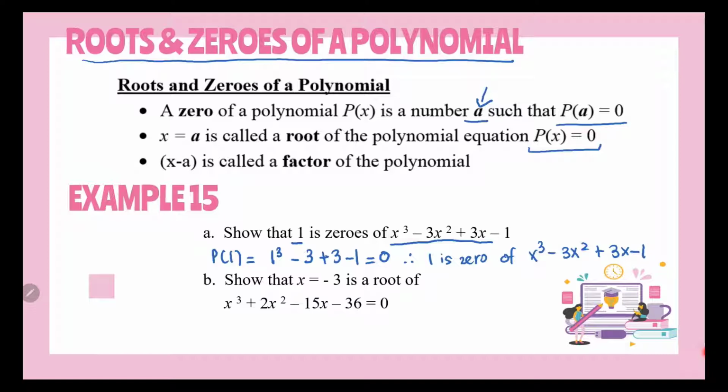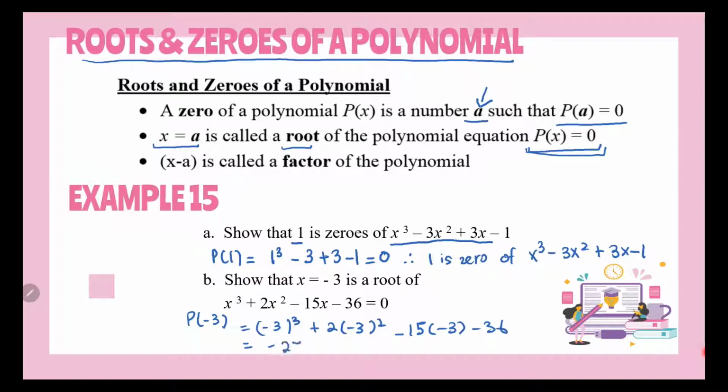Next, show that x equals negative 3 is a root of x cubed plus 2x squared minus 15x minus 36 equals 0. If we look at the notes, x equals a is called a root if p(x) equals 0. So, we are going to substitute p of negative 3 into the polynomial. Negative 3 to the power of 3 plus 2 times negative 3 to the power of 2 minus 15 times negative 3 minus 36.